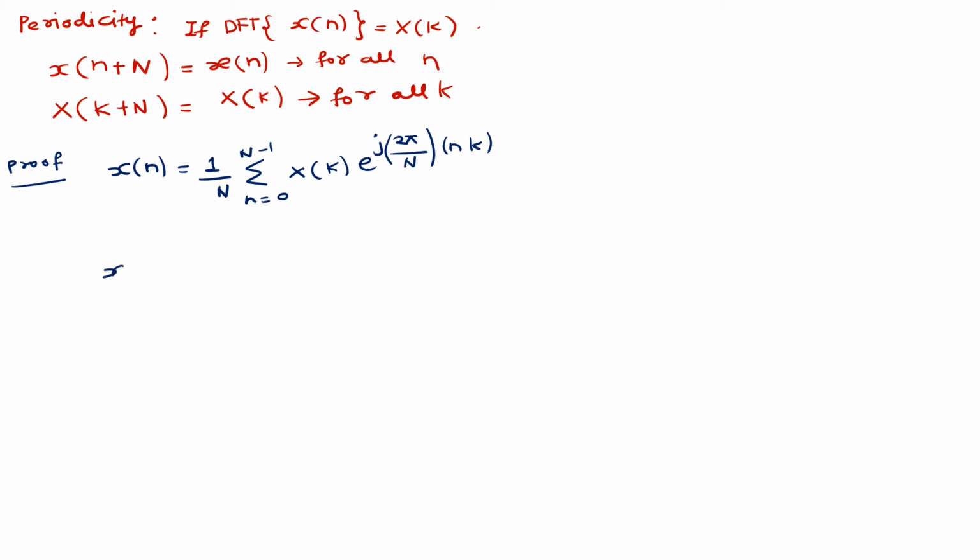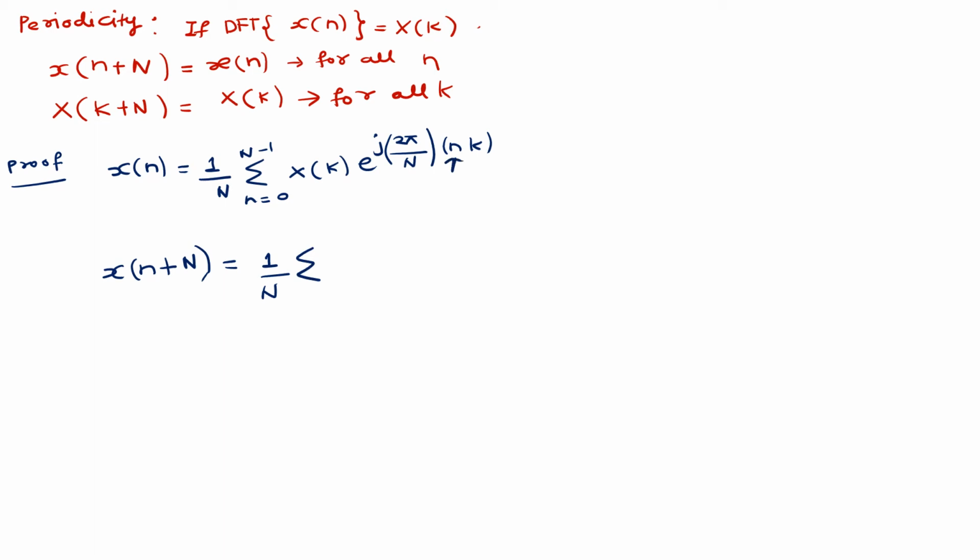Now we have to show that x of n plus N and x of n must be equal. So after N points, it itself is repeating, and we have to prove that. So we will do that by taking 1 by N, and wherever we have n, we substitute n plus N. So only here we are having n.